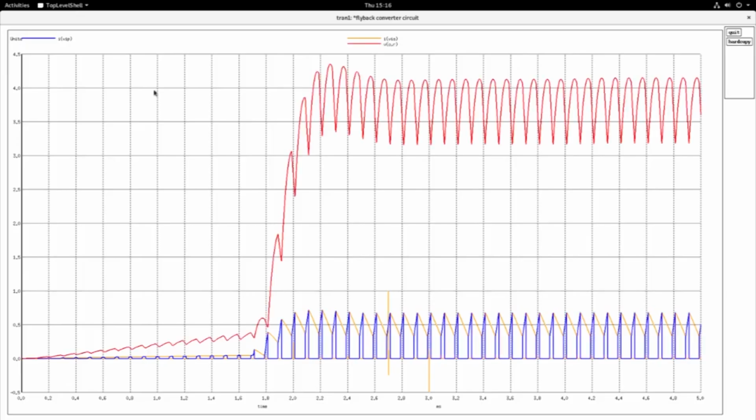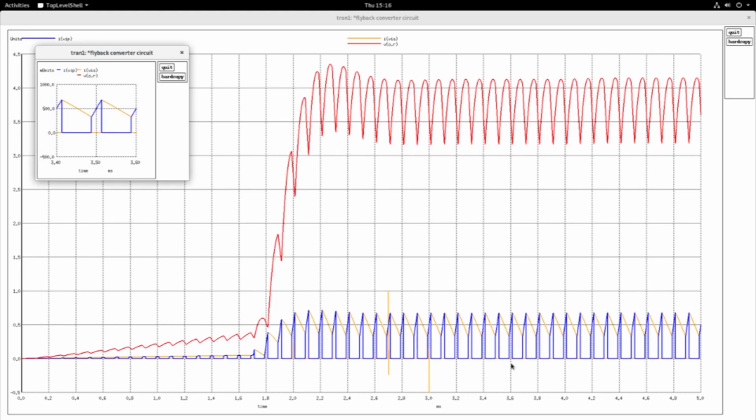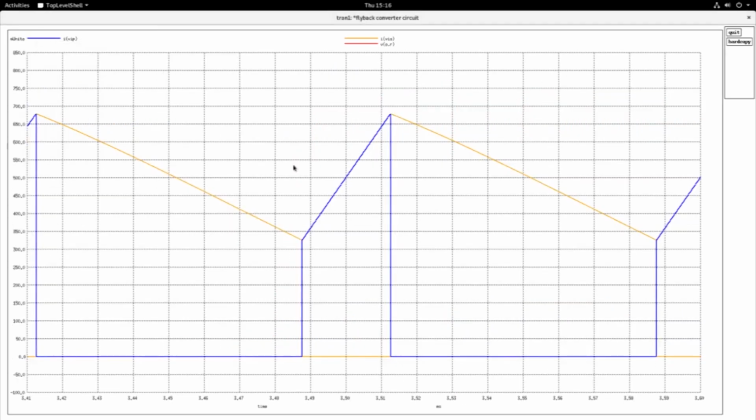If I zoom in, you will see that the blue is the current in the primary. Let me make a zoom of this. So this is the current in the primary, the blue one. Duty cycle 25%, duty cycle 1/3, because the relationship is D by 1 minus D, 25% divided by 1 minus 25, so you have 1/3.